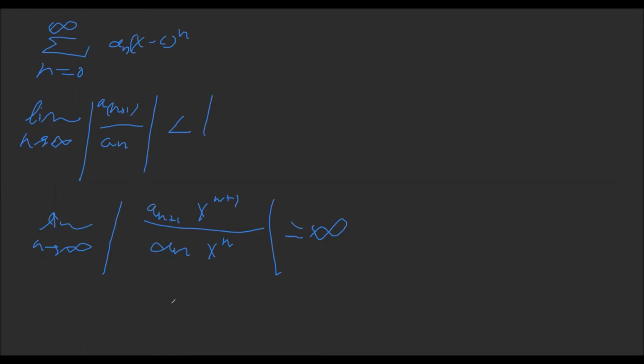That's because when x is equal to c, if we were to put down the general term x minus c to the power of n, but put c in place of x, we'd end up with 0. So this right here is equal to 0. And so you're multiplying one of the terms by 0, meaning that you're going to have one point at which the power series is going to converge if the limit is equal to infinity, and that point is x equals c.